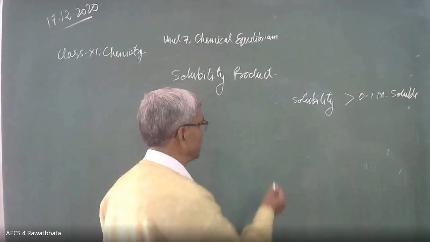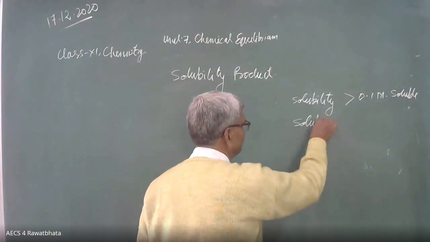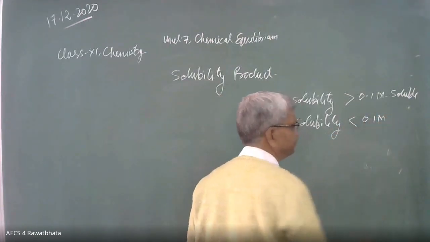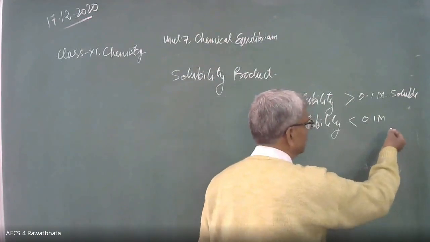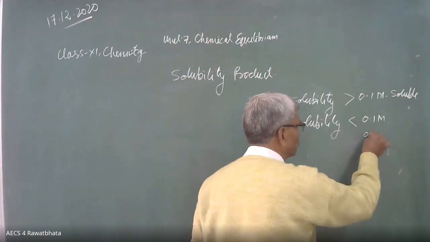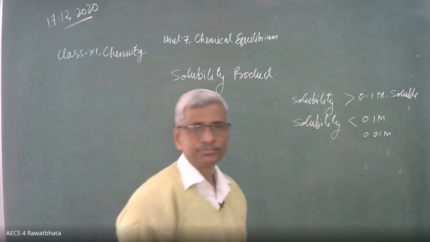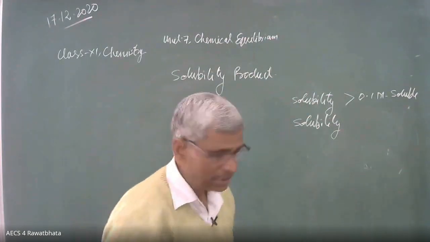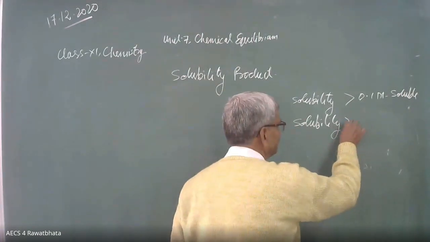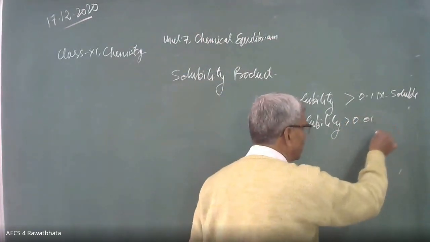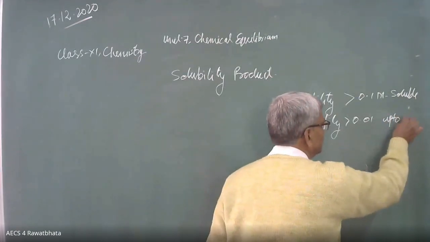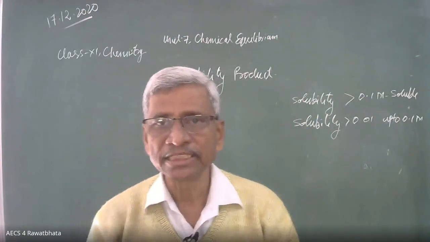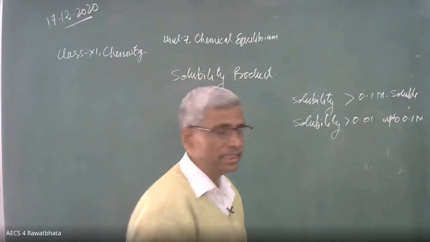Okay. If solubility is less than 0.1 M and up to 0.01 M, that is, solubility greater than 0.01 and up to 0.1 M, not more than that, since 0.1 M is the maximum limit, then the substance is called sparingly soluble, or partially soluble.